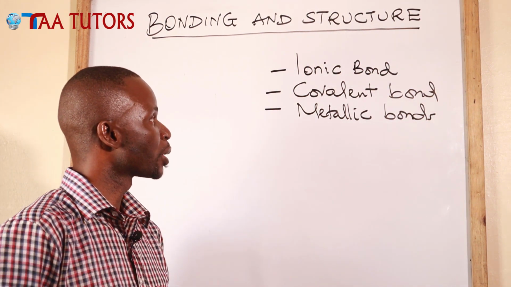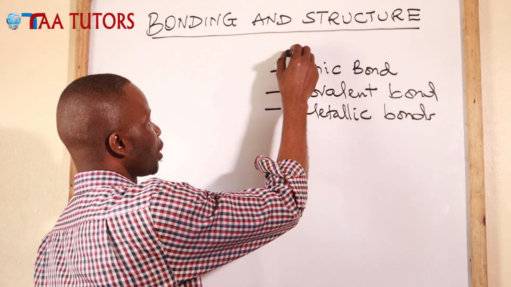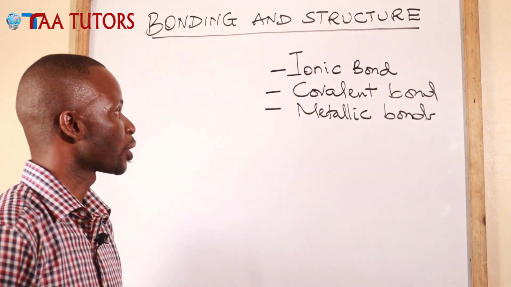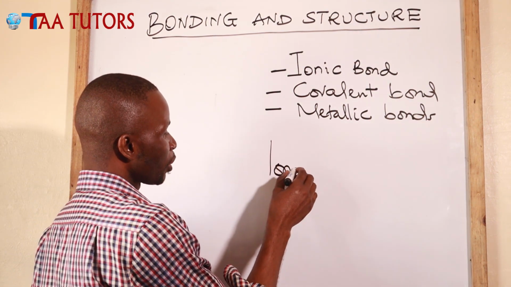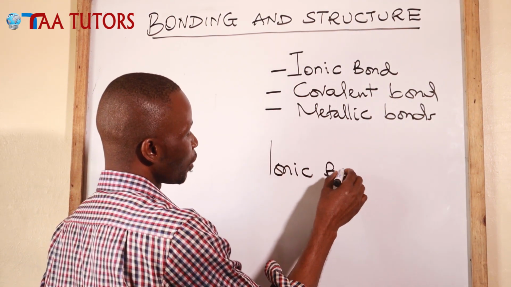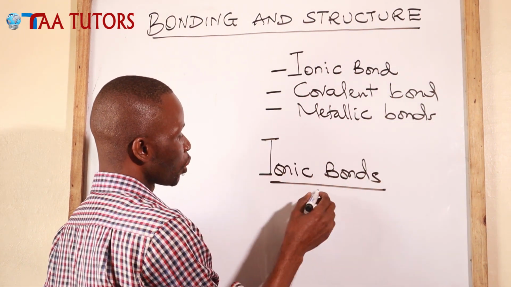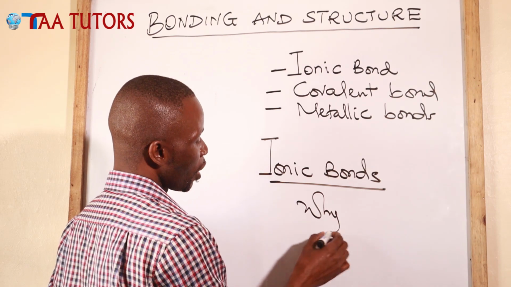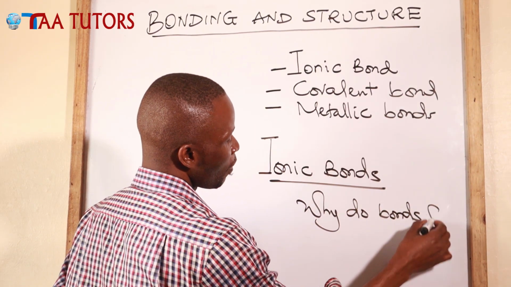This is what we are going to look at, and today we are going to start by looking at what we call ionic bonds. Many times we have to first of all start by understanding what ionic bonds are. The first thing we have to look at is why do bonds form?